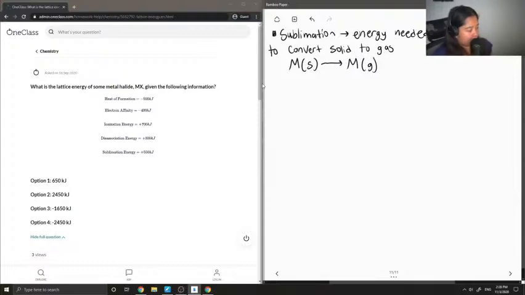So now that I wrote out all of the different steps, I can make this into a Born-Haber cycle. Okay, so again, let's recall that our net reaction is our metal solid coming together with our halide gas to form a metal halide as a solid.